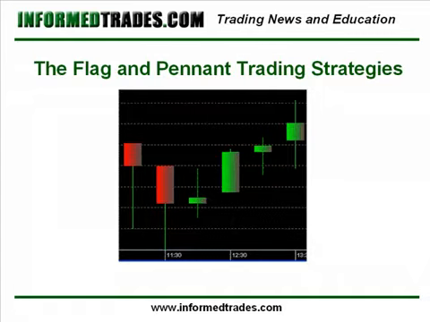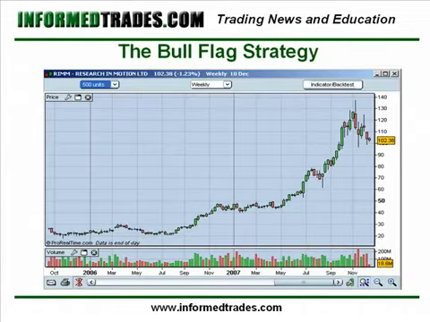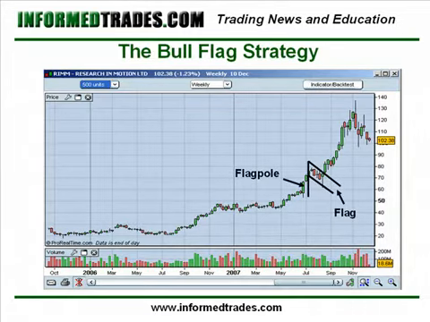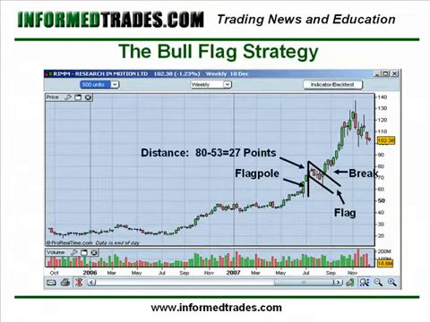Alright, so let's look at an example here. We've got our chart of REM up from last lesson, and we have our bull flag there that we looked at in last lesson. We see the break here of the upper resistance line, so that's where we're going to look to get long. The target for the trade is then calculated by measuring the distance between the top of the run-up and the bottom of the run-up.